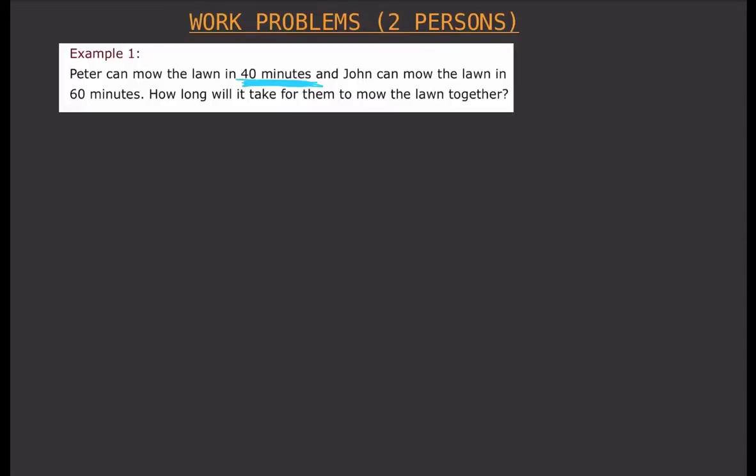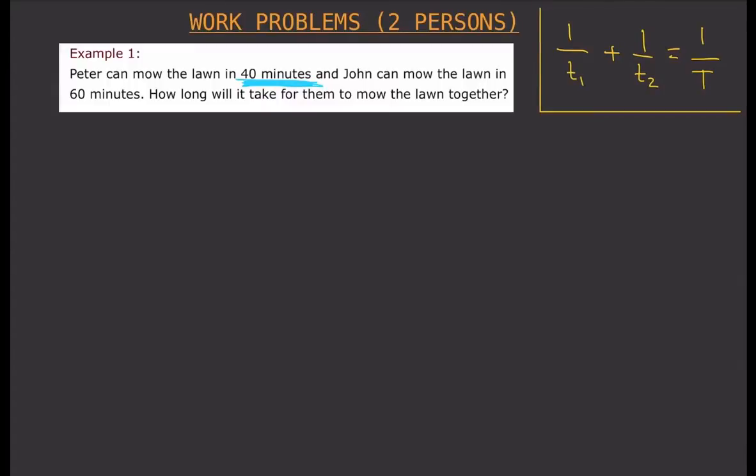So for two people working on some job, the formula would be 1 over t sub 1, and t sub 1 means time for person 1, plus 1 over t sub 2, the time for the second person, equals 1 over t, and this t right here stands for the total time if they work together. Okay, so that's the formula that we're going to go to in solving these kinds of problems.